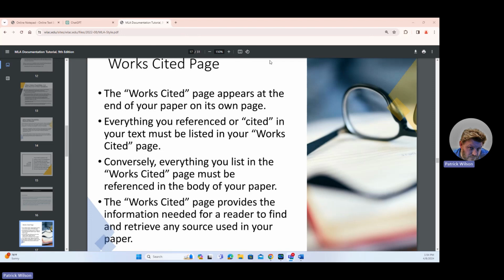Honestly, you only have 2 assignments left. You have the last annotated bib. You have the actual research paper, the final draft. There might be one in there; we're going to try to do a peer review if possible. But because y'all did the Respondus deal for the midterm, you don't really have a final exam. So the research paper is the last thing that you're going to have to do in this course.